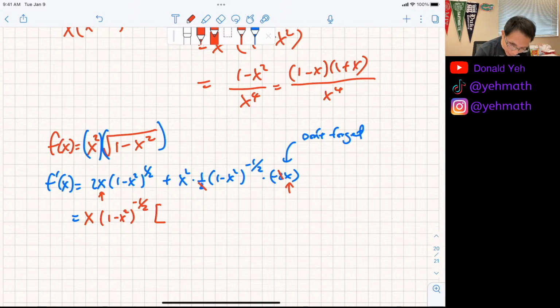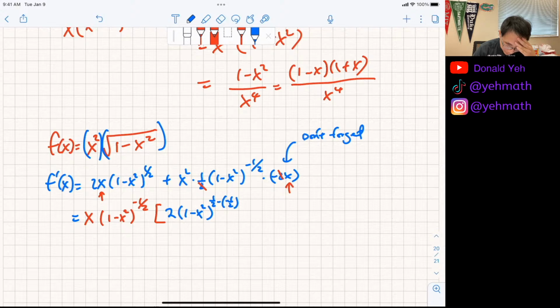So what do I have on the first term? I have just 2 left. And if I factor out negative 1/2, that means that 1/2 is going to subtract negative 1/2. So that's going to be 1 minus x squared to the 1/2 minus negative 1/2, so it becomes 1.